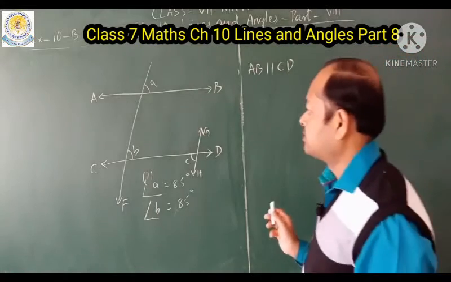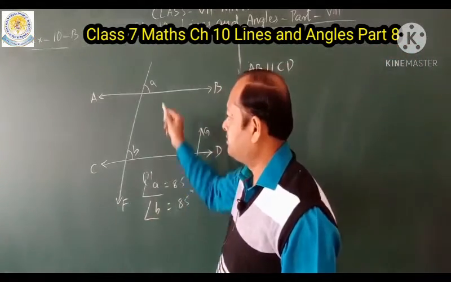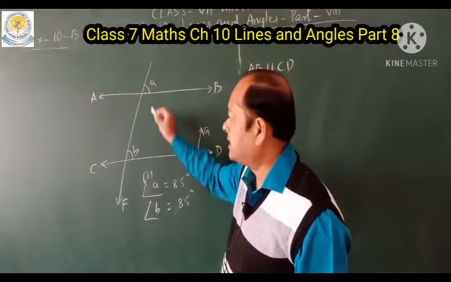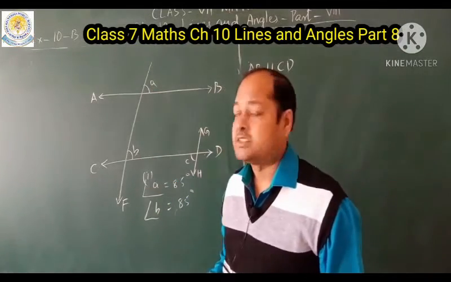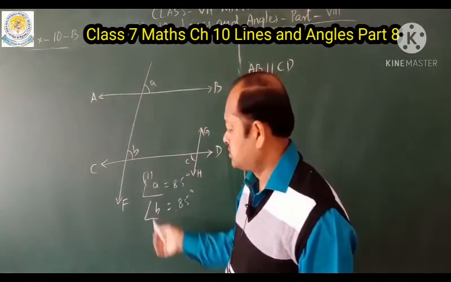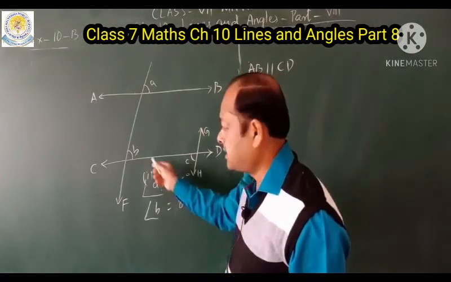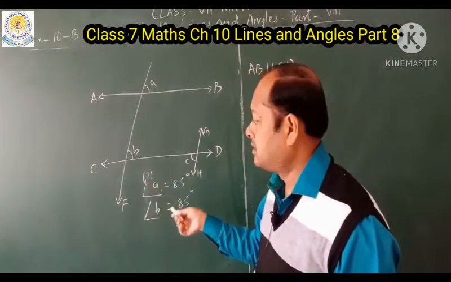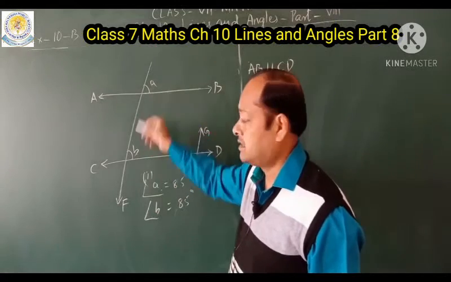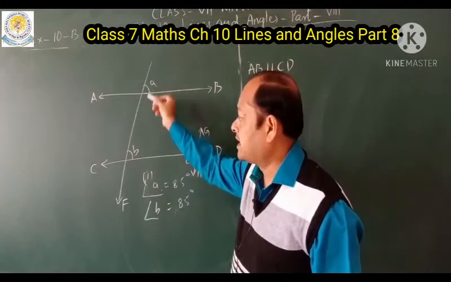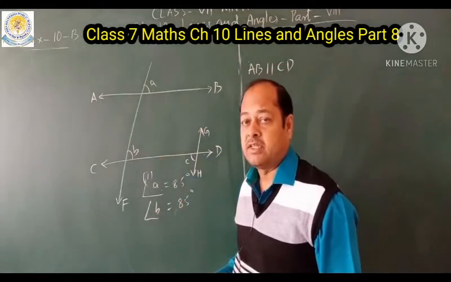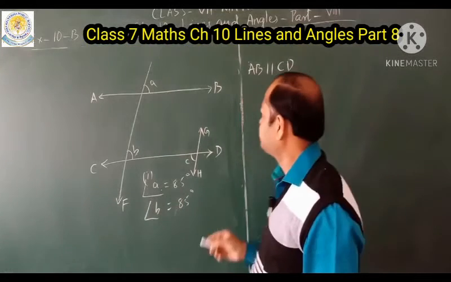How to prove this? If they are parallel, then A and B should be corresponding angles. Here A is 85 degrees and B is 85 degrees. We know the property of corresponding angles is that they are the same.